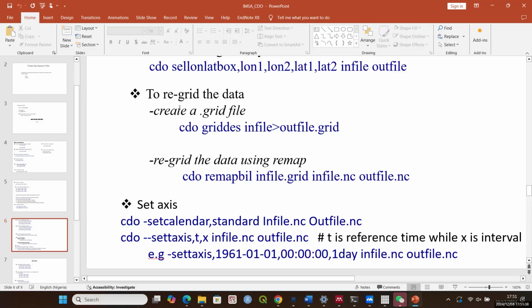Generally, it is not much common. Most of the data are already set. But in case you find such things, especially those who are working with this map data, big models, you can set your own time. Maybe we can try with one of the data. Let me see.